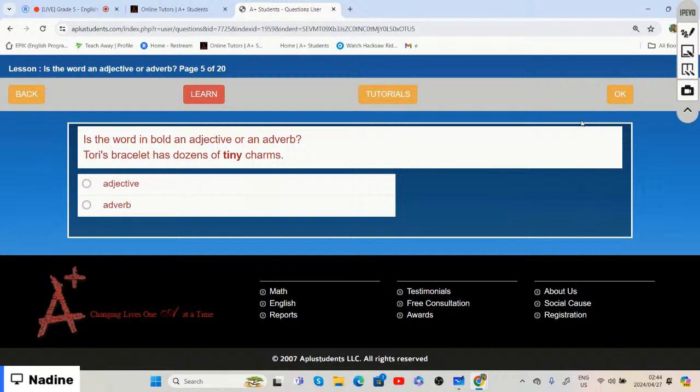Tori's bracelet has dozens of tiny charms. So tiny, what kind of charms? Is this an adjective or an adverb? Tiny.